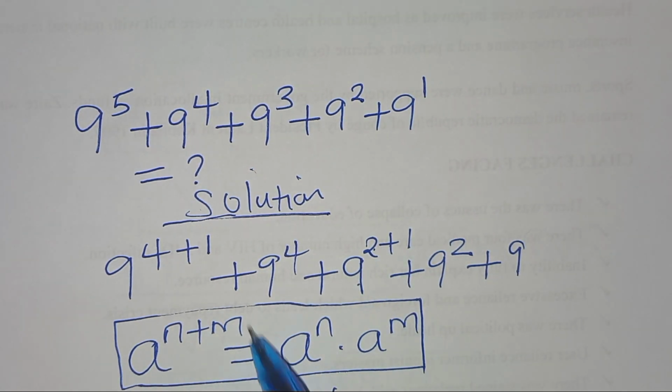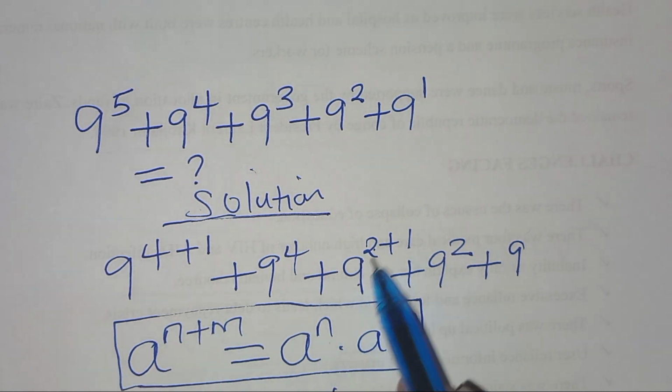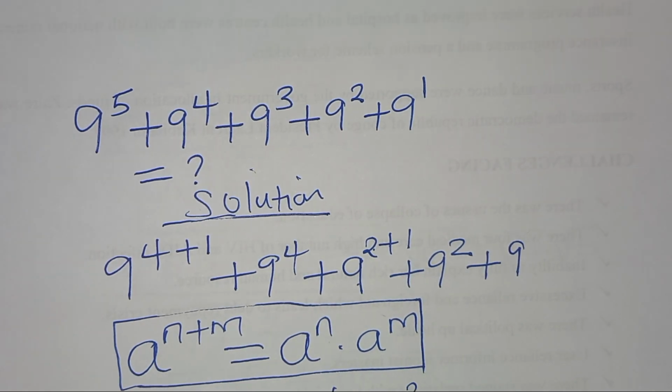Applying this exponent property, because it is in the form of a to power n plus m, let's transform it in this form. So here you will have 9 to power 2 times 9 raised to power 1 plus 9 to power 2 plus 9.